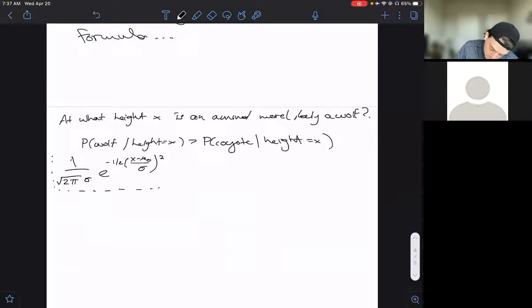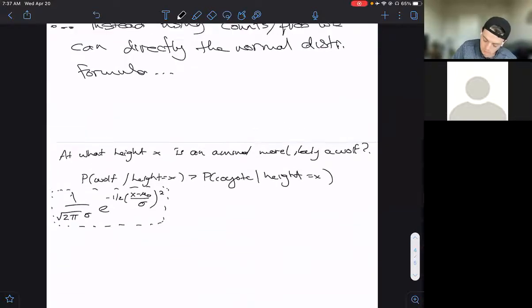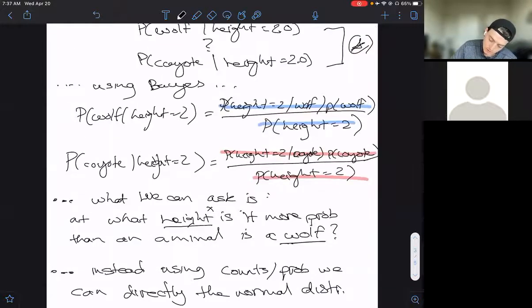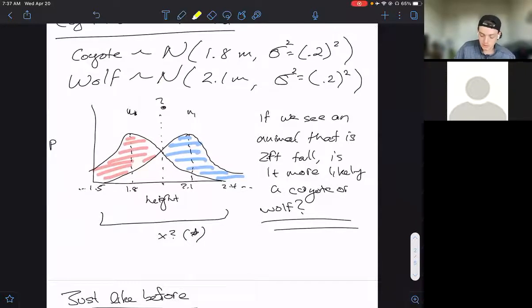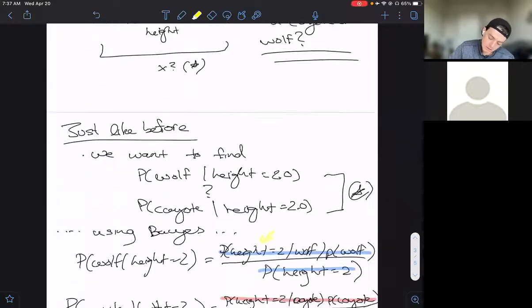What is this? This normal equation is defining this guy right here. The probability of a height equals x given a wolf, which is exactly what we plotted out right here. Probability over height.